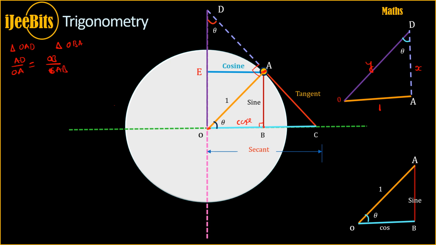So let's plug in the values. AD means x, OA means 1, and then OB means cos theta by AB means sine theta. That means x equal to cot theta. So x means your AD, right? So AD means cot theta. So this one is cot.